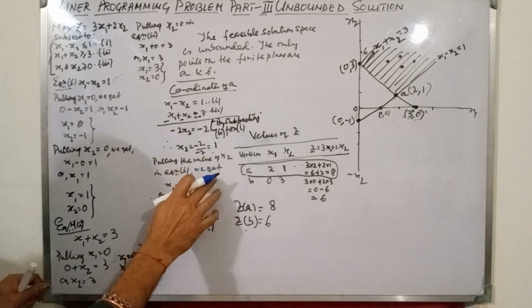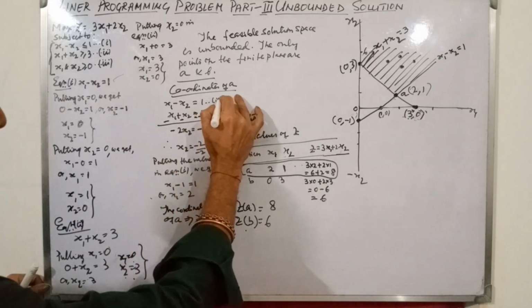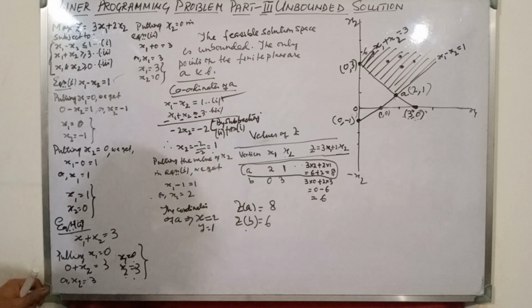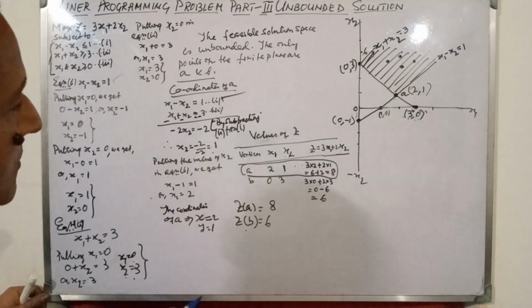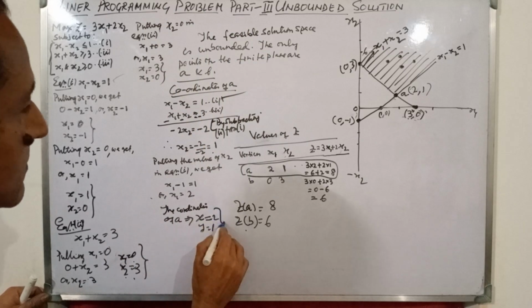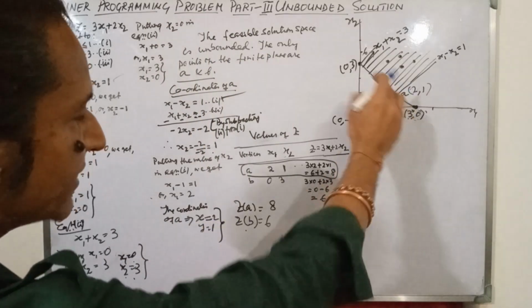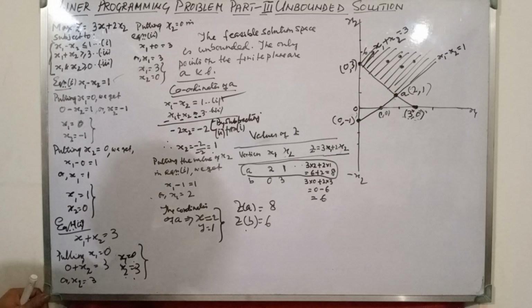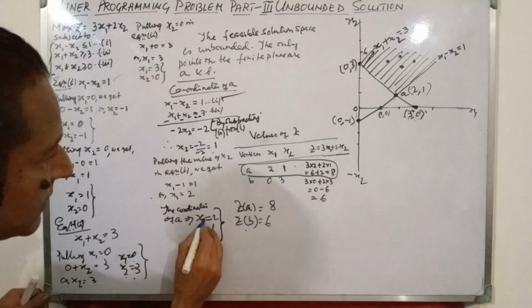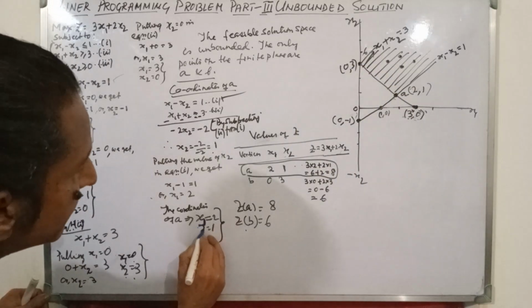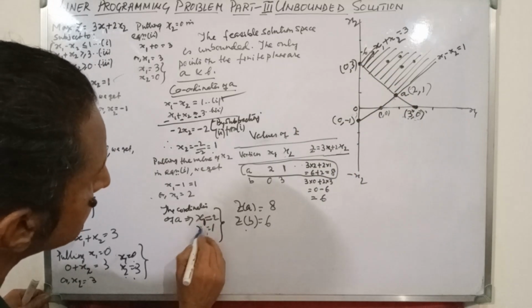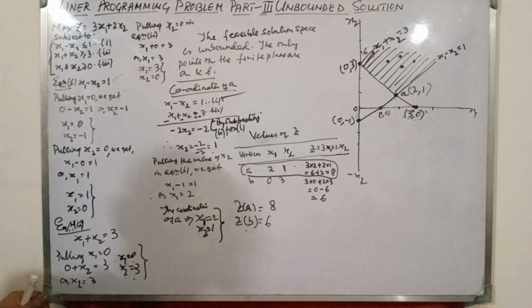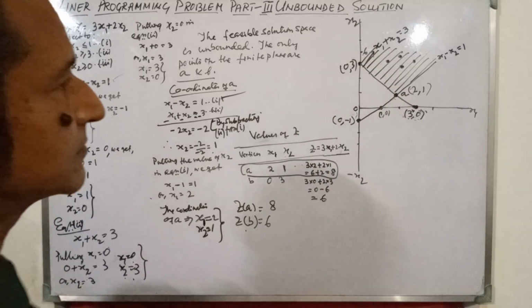Now putting the value of x2 in equation 1, we have got x1 equals 2. So the coordinates of point A are x1 equals 2 and x2 equals 1. That is this point.